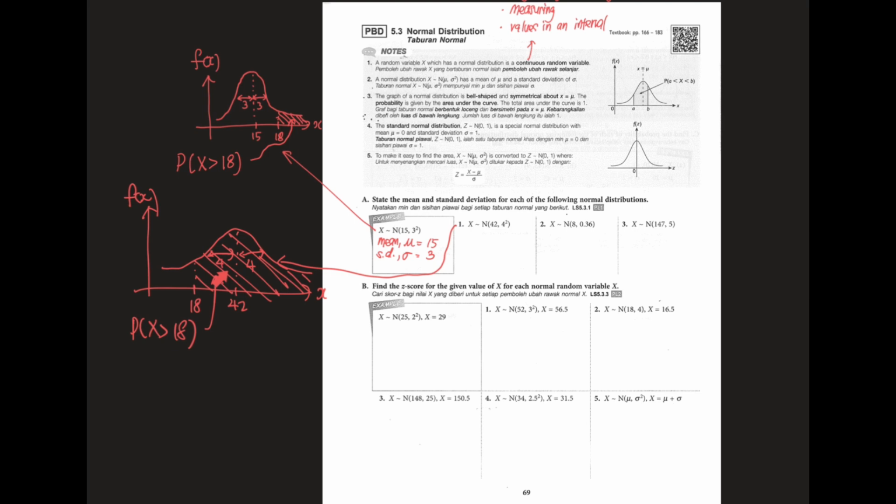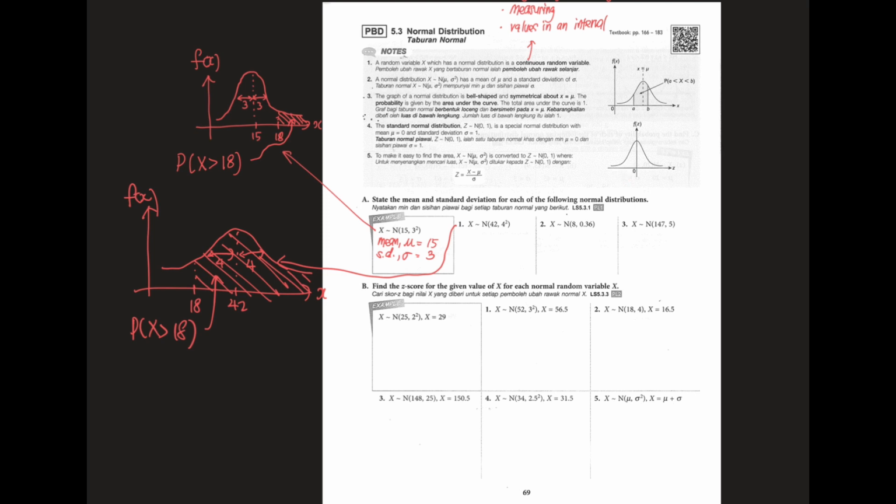Because we have different kinds of graph with different shapes, and the area is hence a different size, we have a formula to change all kinds of graph to a standard normal distribution, which is the same graph. From all kinds of graph with different shapes, we change it to one type of graph only.